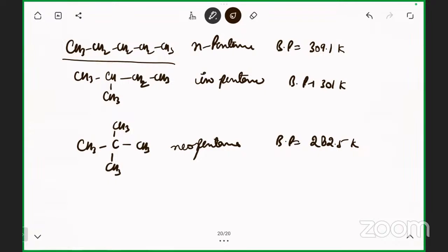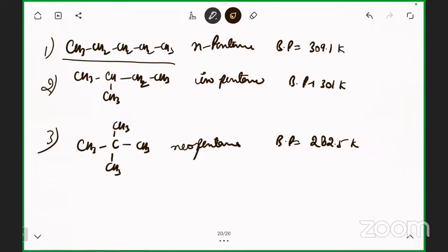The first compound has the highest boiling point because there is no branching. In the second compound, it went from 309 to 301, so there is a branching, one methyl group as a side chain, and the boiling point decreases. In the third case, the boiling point decreases again just because two branches are there.